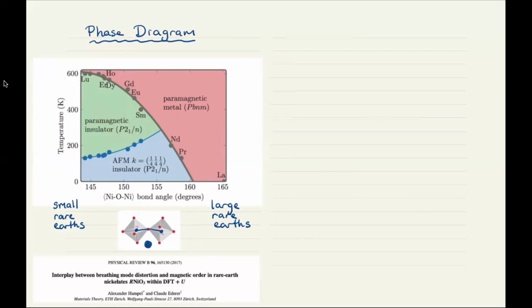At first, as the nickel-oxygen-nickel bond angle is only decreased a small amount in praseodymium and neodymium nickelate, the phase transition goes straight from the paramagnetic metal to an antiferromagnetic insulator. But as the bond angle gets even more bent, the transition is between a paramagnetic metal and a paramagnetic insulator. So the system becomes insulating even before it becomes magnetic.